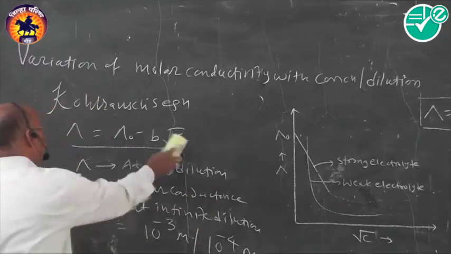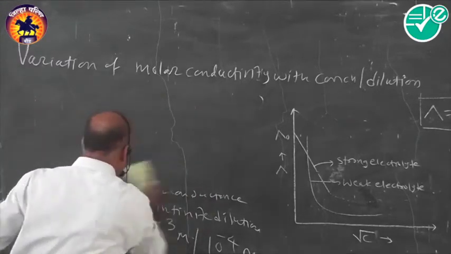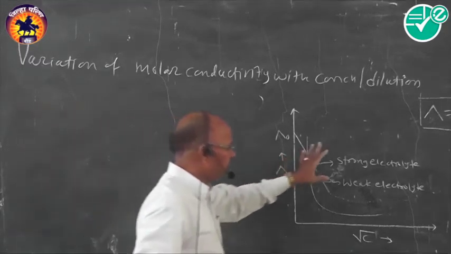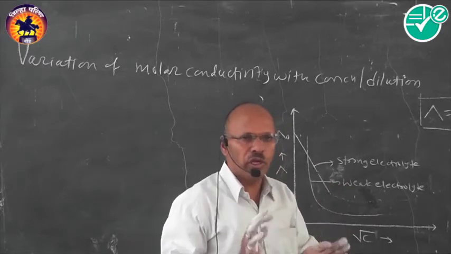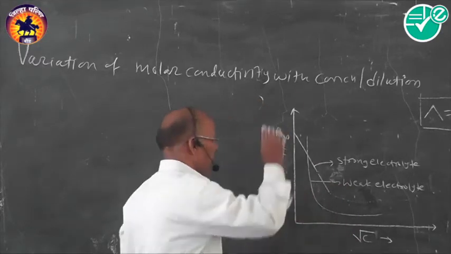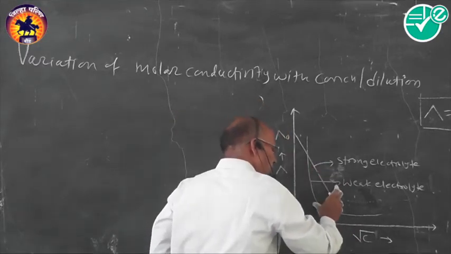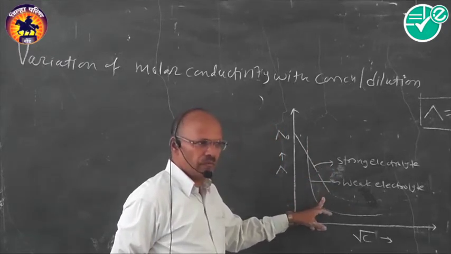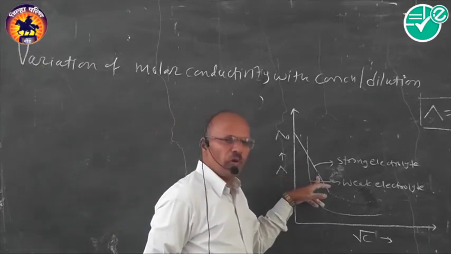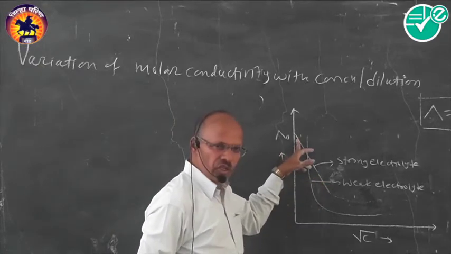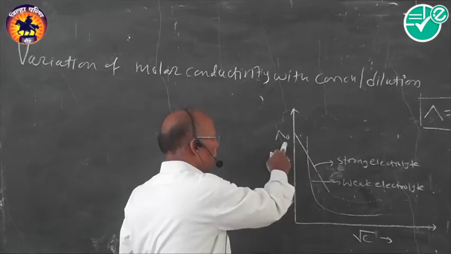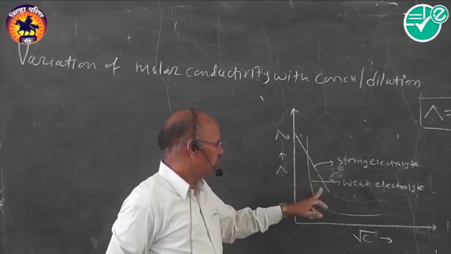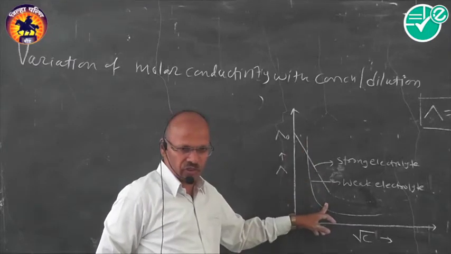Okay, after this, let us check the beauty of this equation, this graph. We have introduced this graph now, and by making use of it we are going to introduce a new unit. Check this. The difference between these two curves, for strong electrolyte and for weak electrolyte, is that the curve for a strong electrolyte shows an intercept, so we can work out the lambda 0 value. The curve for the weak electrolyte does not show any intersection.